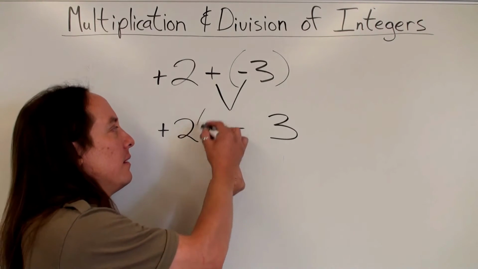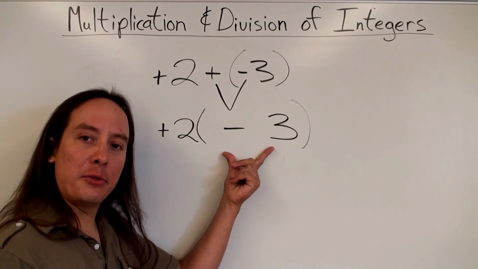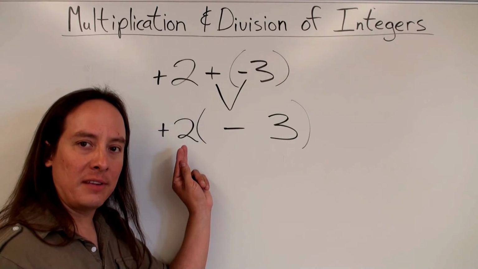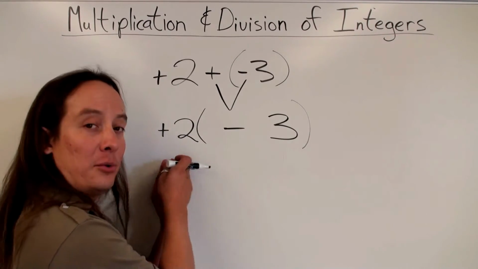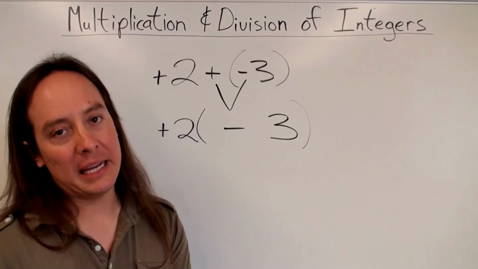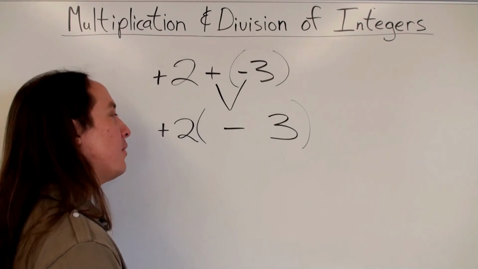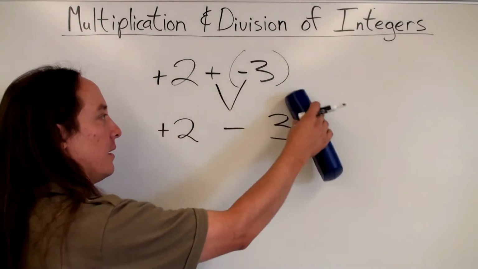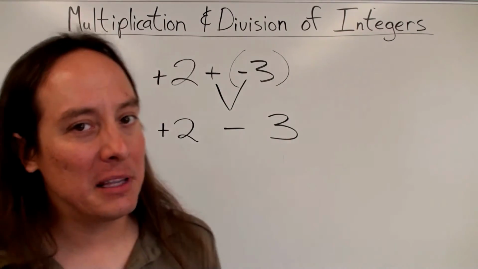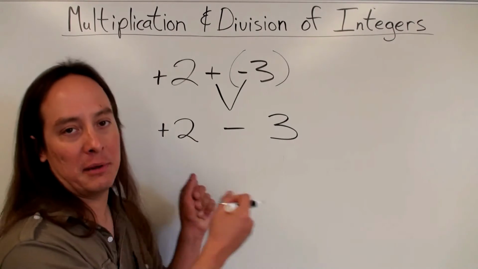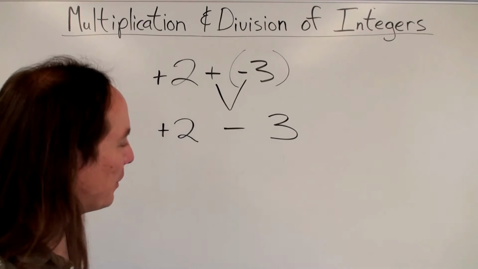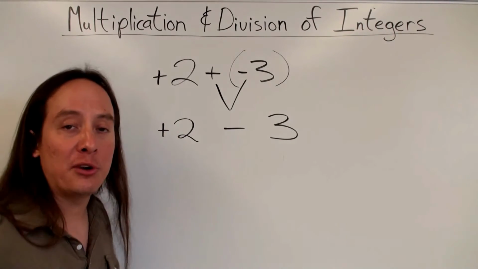Now, if I put the negative 3 inside parentheses, and I put this 2 right up against that parentheses, I'm putting the 2 right next to a negative 3. Two amounts together would mean multiplication. But because there are no parentheses here, there is no multiplication. And I know it's not the parentheses that mean the multiplication, it's really the two amounts being stuck together. But it looks like the parentheses means multiplication. Anyway, so this is going to be an addition or a subtraction.